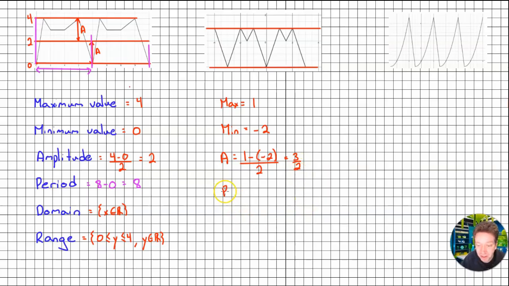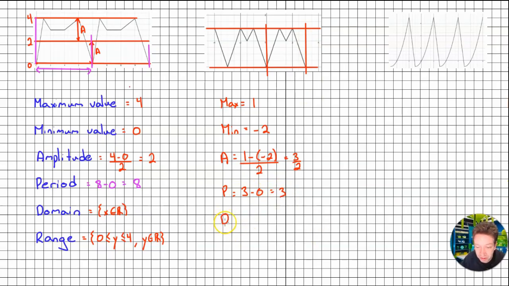Our period, okay, we can pick a point. So if we like, let's start here at 0. That would probably be easy, I think. And then go over to where we repeat, which would be here. Okay, so 0 to 3. So 3 minus 0, which is just 3.